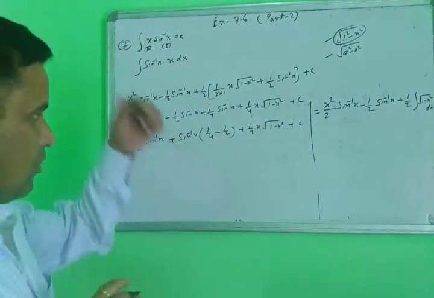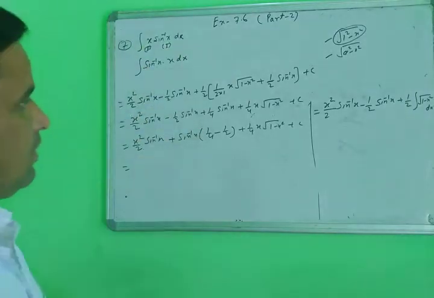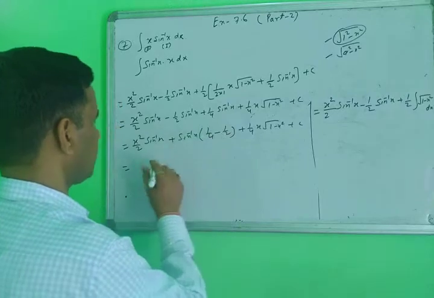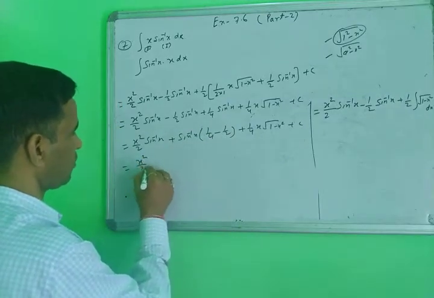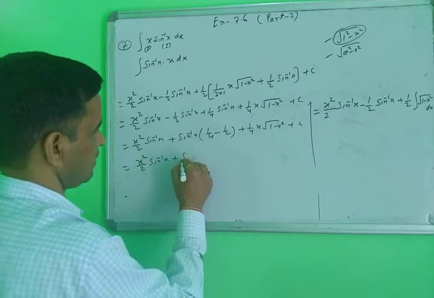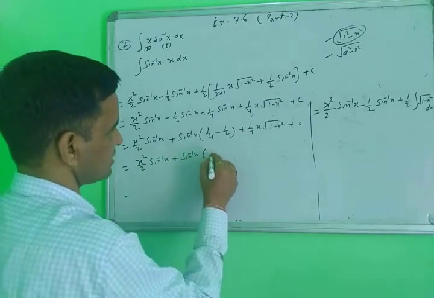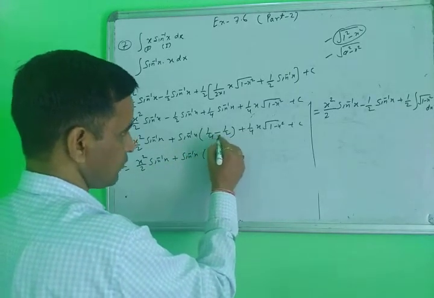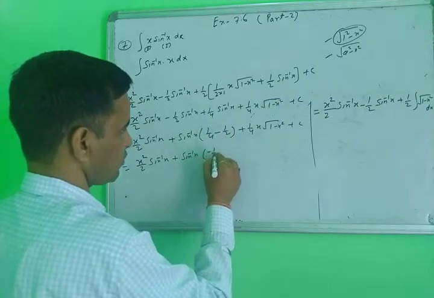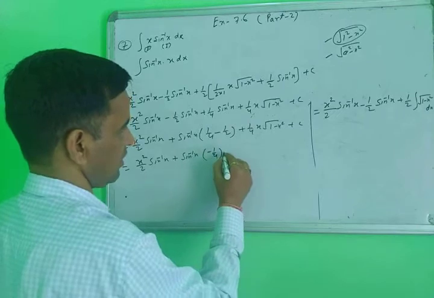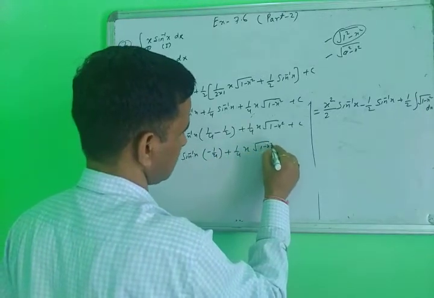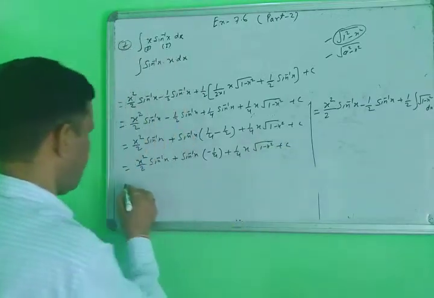So now taking common here, what is left? 2 minus 1, so minus 1 by 4, plus 1 by 4 x root 1 minus x square plus c.